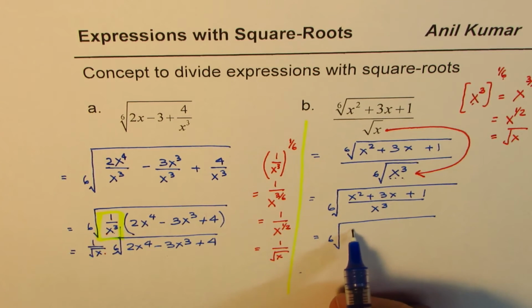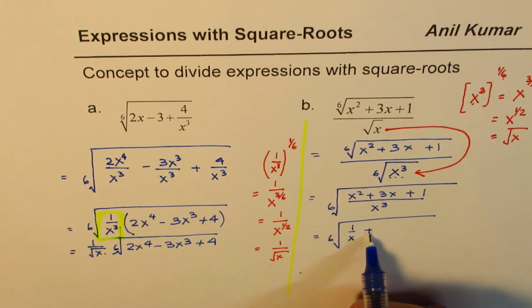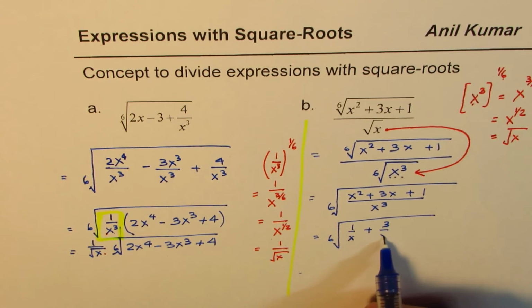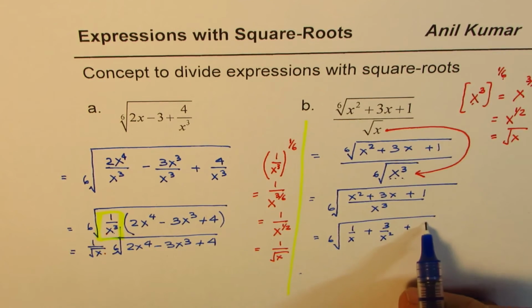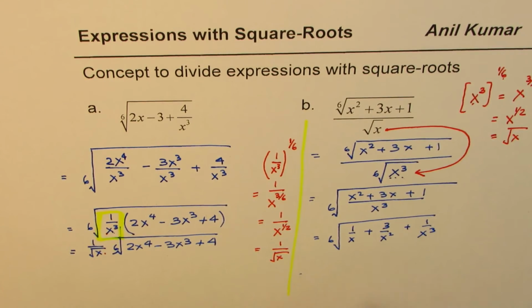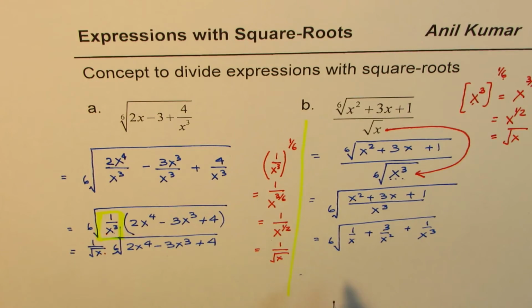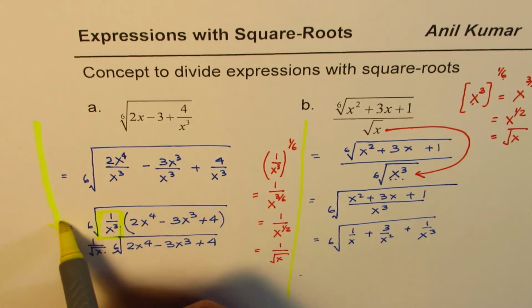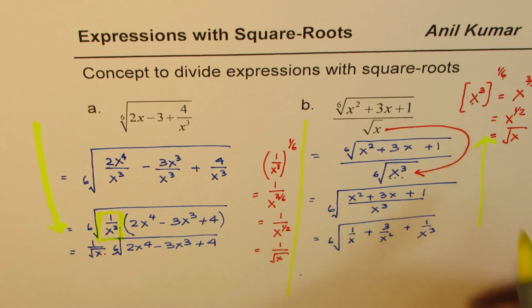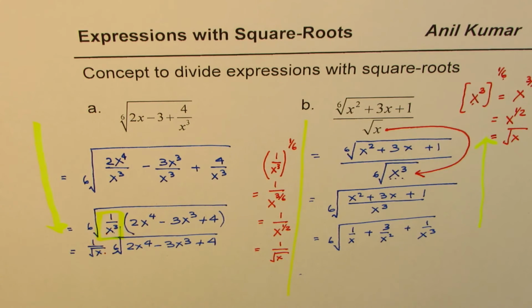X squared divided by x cubed is 1 over x, plus 3 over x squared, plus 1 over x cubed. Perfect. So these two examples are, like you can see, you can go from here to there and back. Kind of similar things, but it helps you understand how to work with these radicals.